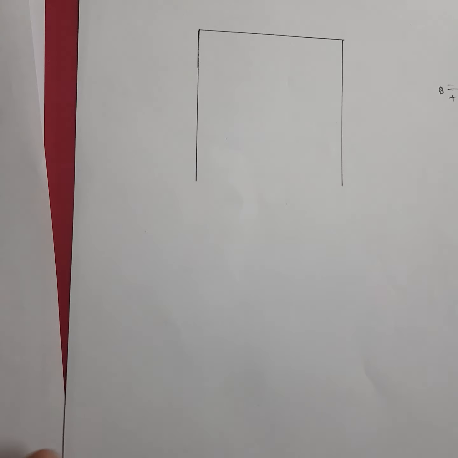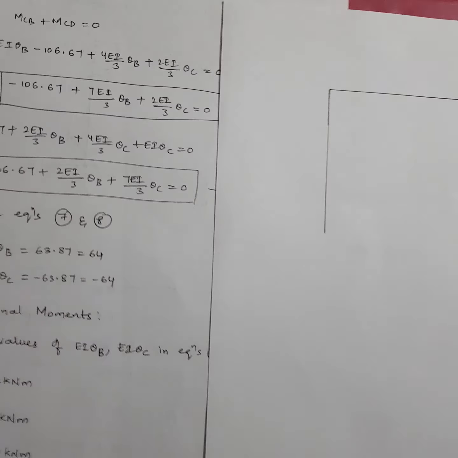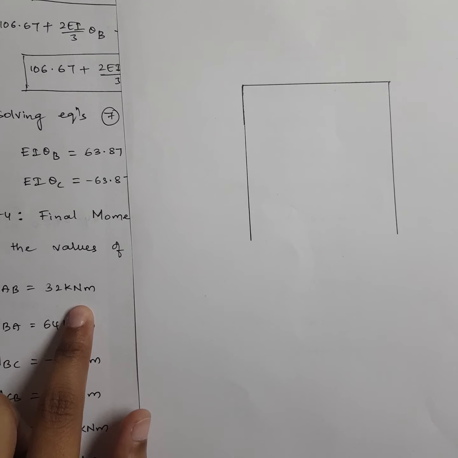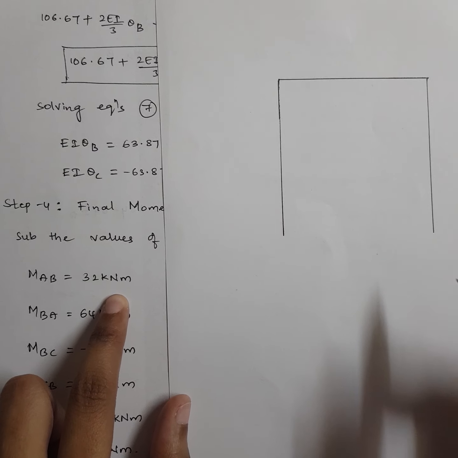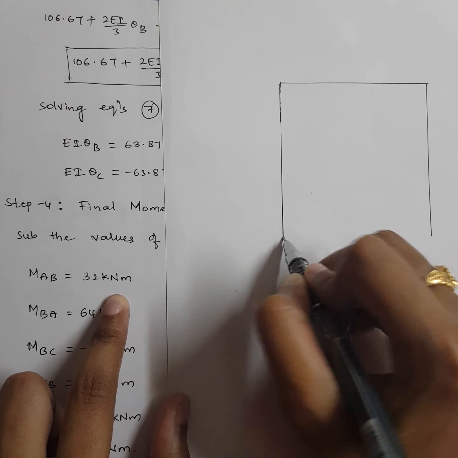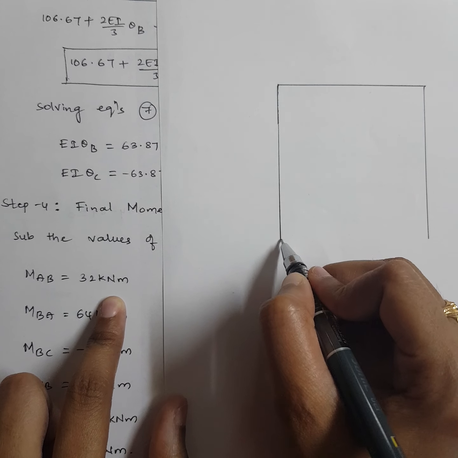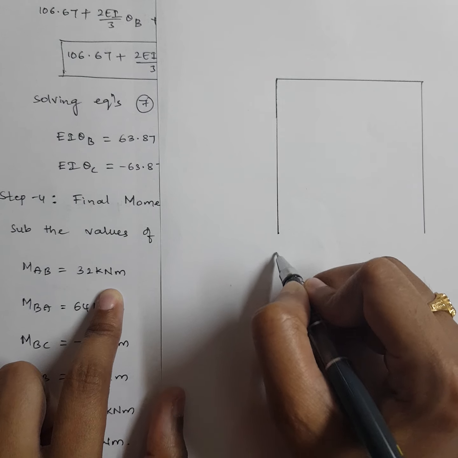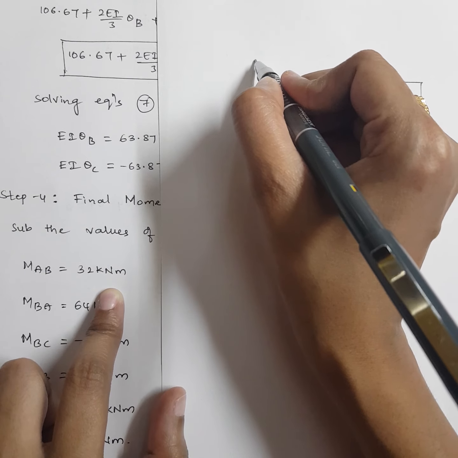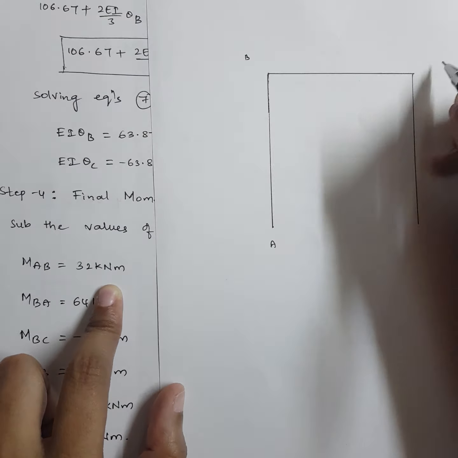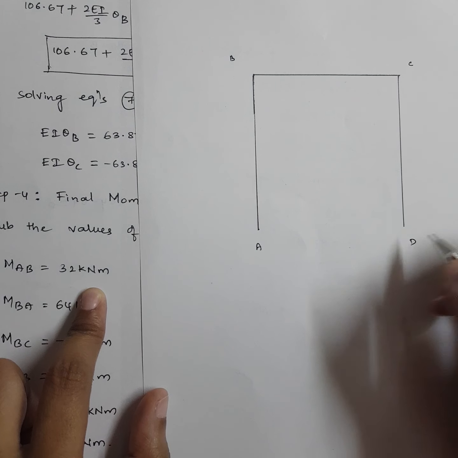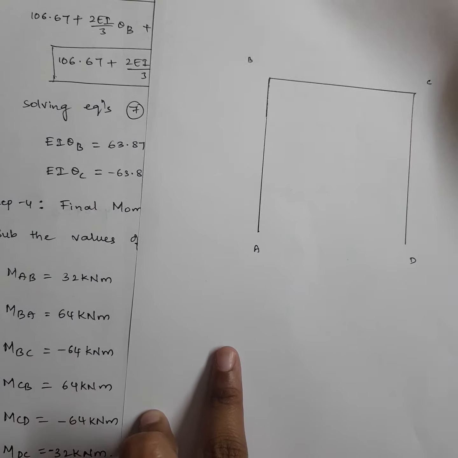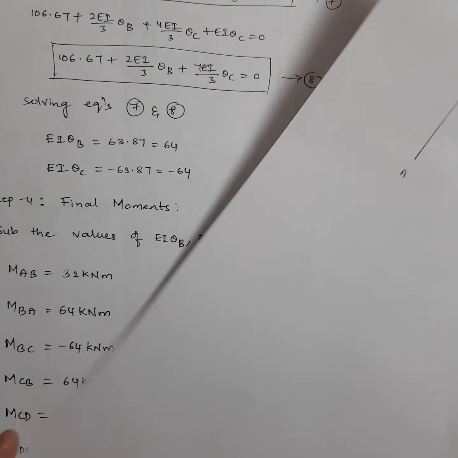So if you remember, these are our moments, correct? So first one is MAB. Say this is our A actually. This is B. This was our C and this was our D. Correct? So now if you consider AB, just tilt your paper like this.